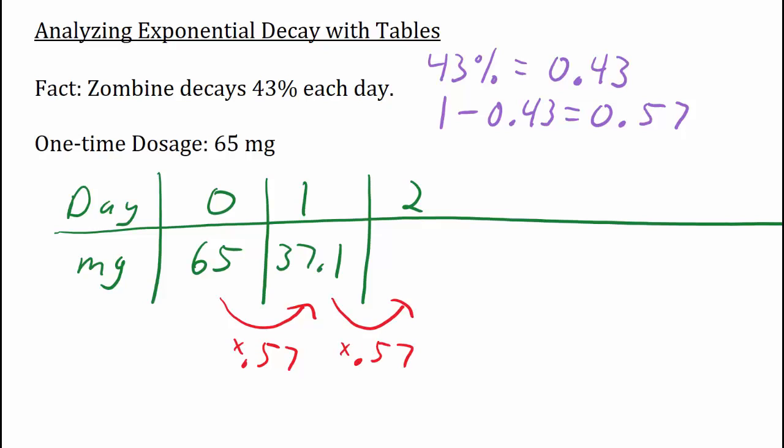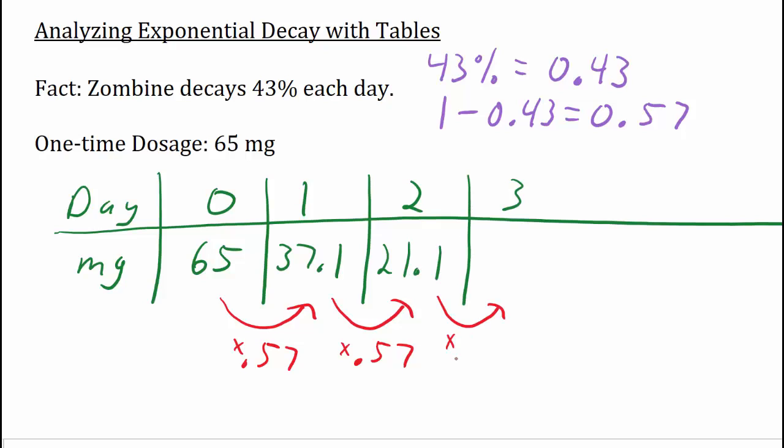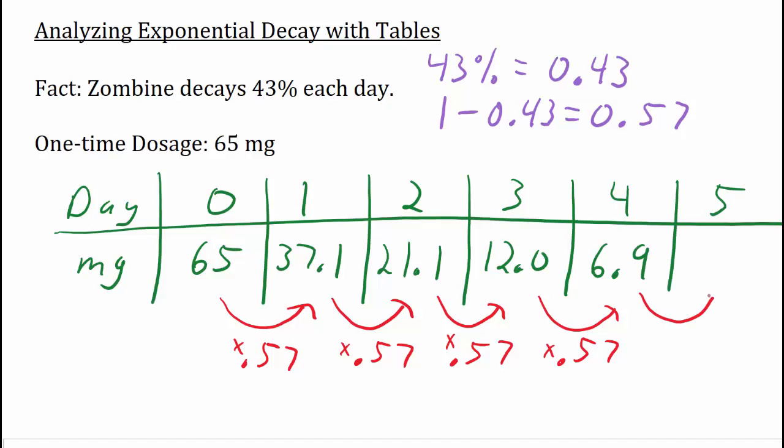After 2 days, 21.1 milligrams. So every day the patient is losing 43% of the Zombine in their bloodstream, but that means they're keeping 57%. So our multiplier is 0.57.